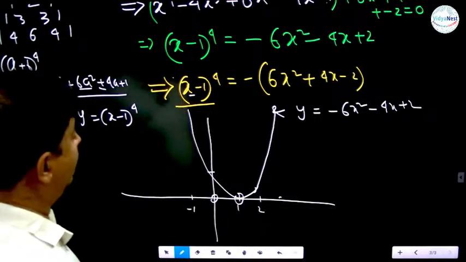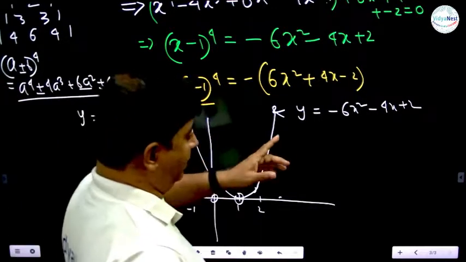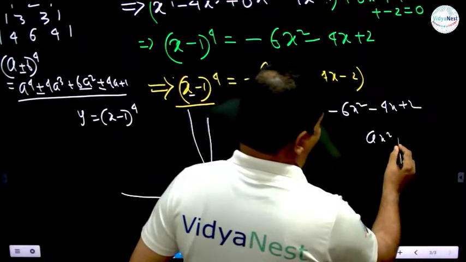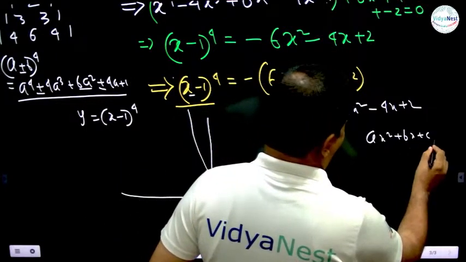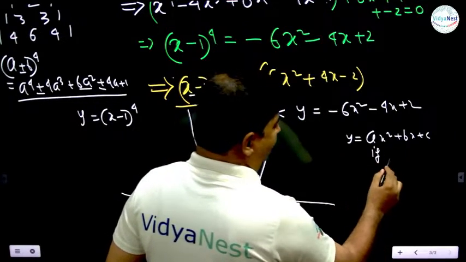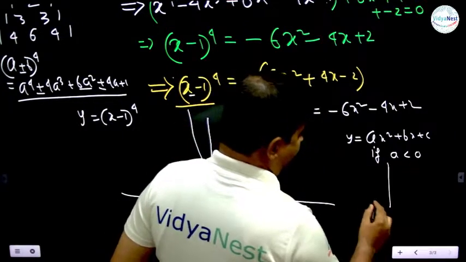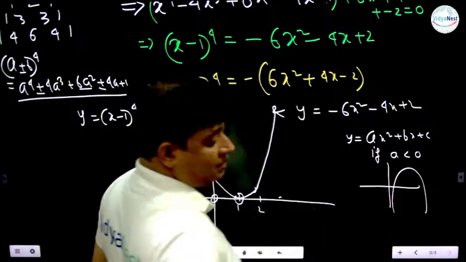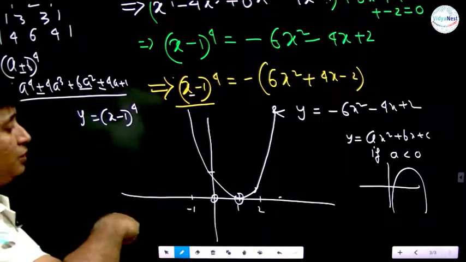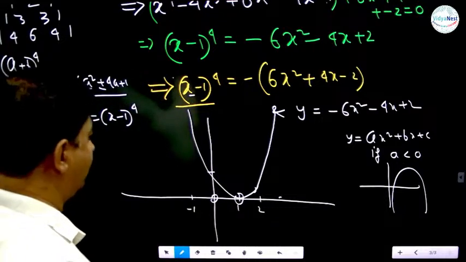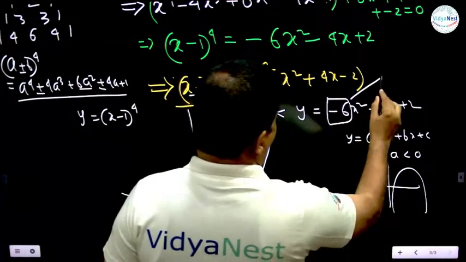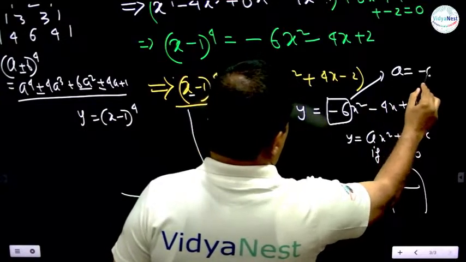Now, how to draw the quadratic? In class 10, you were taught ax square plus bx plus c. Now, in this quadratic expression, if a is less than 0, then the quadratic will be like this, reversed. Not U-shaped, reverse U-shaped. Yes or no? So here a is minus 6, less than 0.